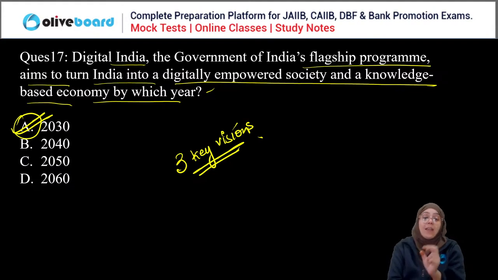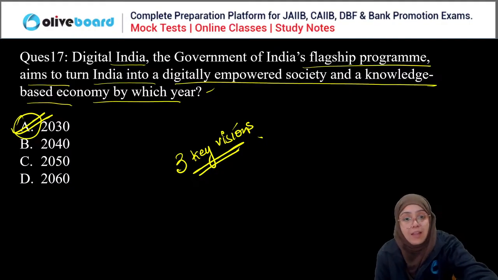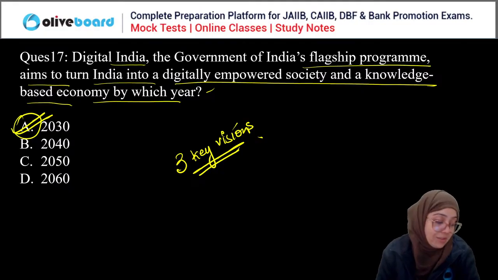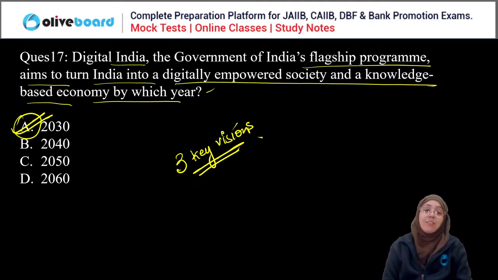And third, digital empowerment for each and every citizen, right? So these are the three key visions, and they are very important in the digital India concept, to be achieved by 2030. Clear, everyone? 2030 and three key visions. Can we move to the next question, guys?